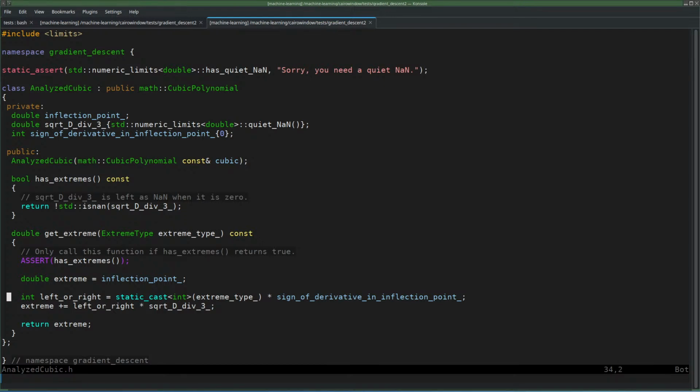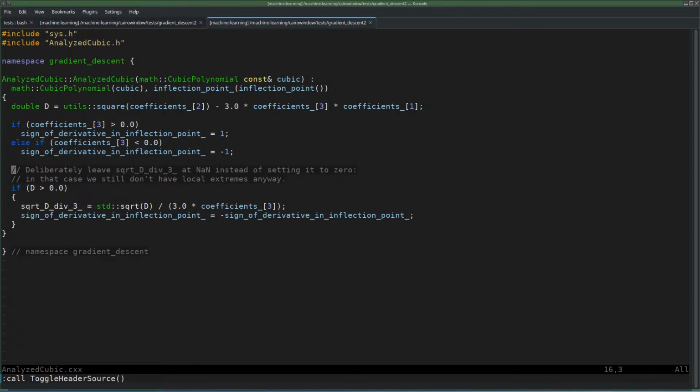I think this line is now broken. No, the line is correct. The calculation of this is broken. It looks like it makes sense. I changed the sign of this thing with the sign of the coefficient 3.